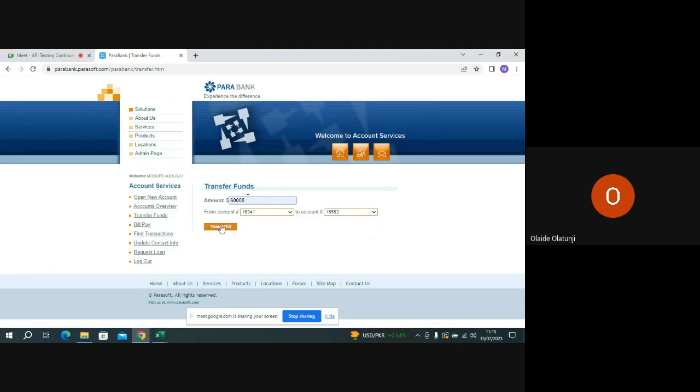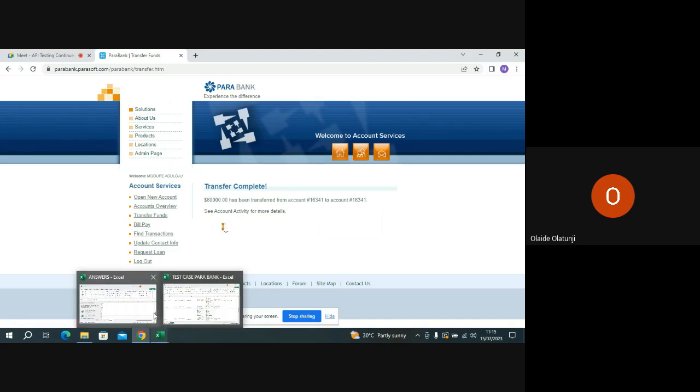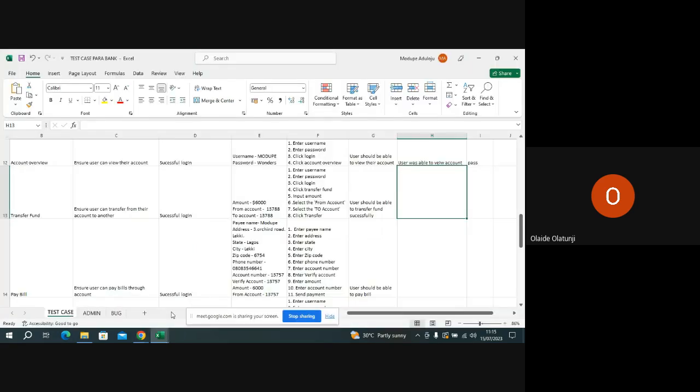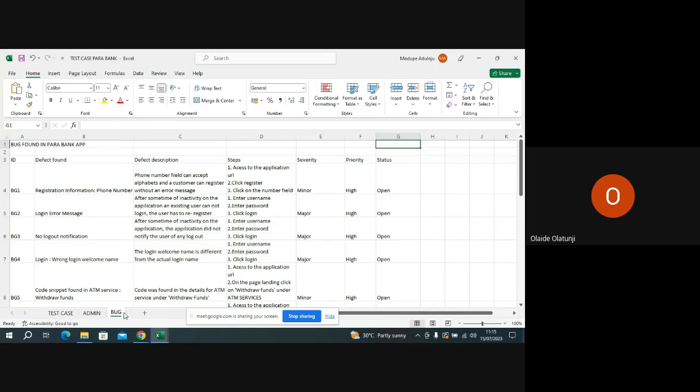What if you move, if you do the same account? Okay, let me try. That's a bug. And that wasn't inclusive.